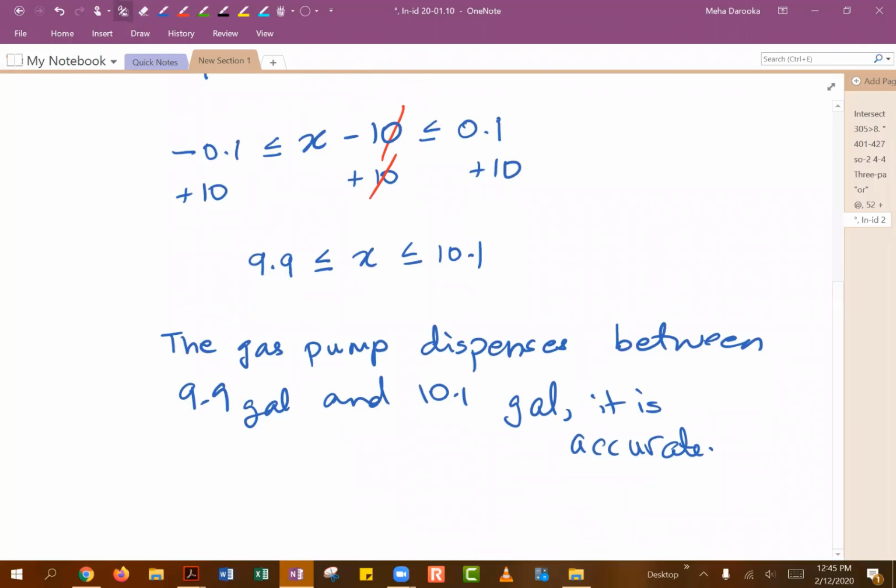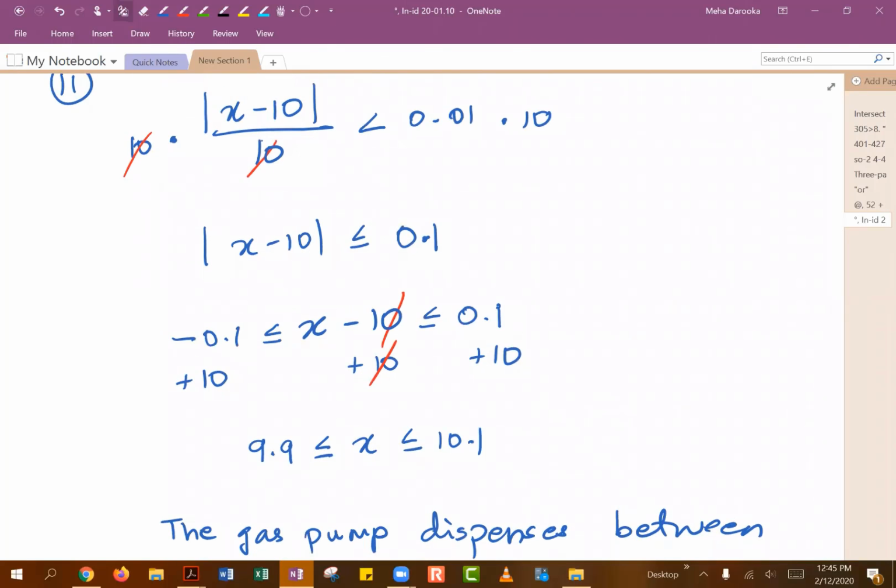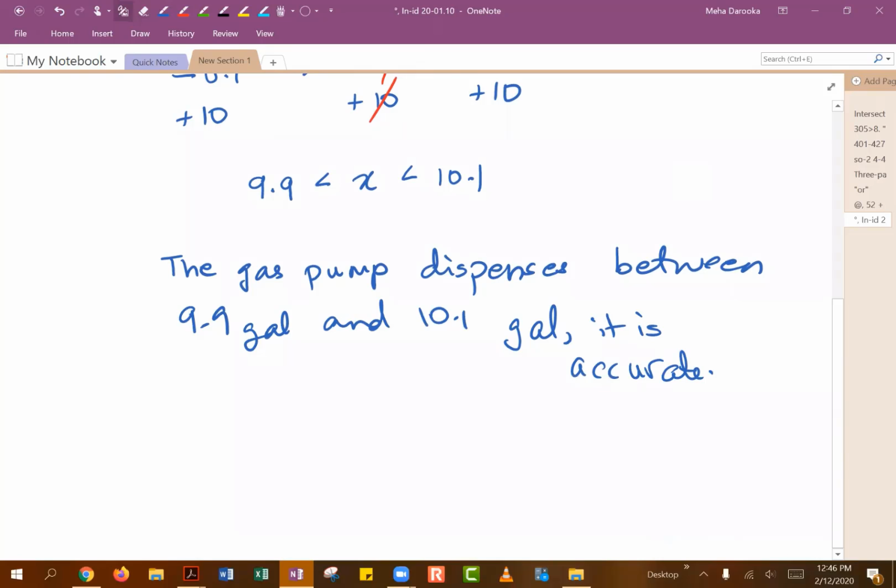Hold on a second. I don't know why I made it equal to. That was just a less than. How would you write that? Would you still do the U? So this one wouldn't be a U because we're saying as long as you are between 9.9 and 10.1. So you would just write it with parentheses between 9.9 and 10.1.